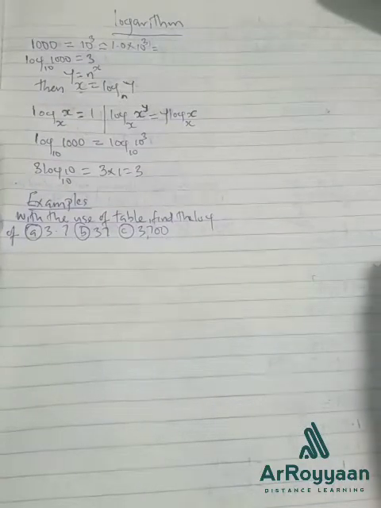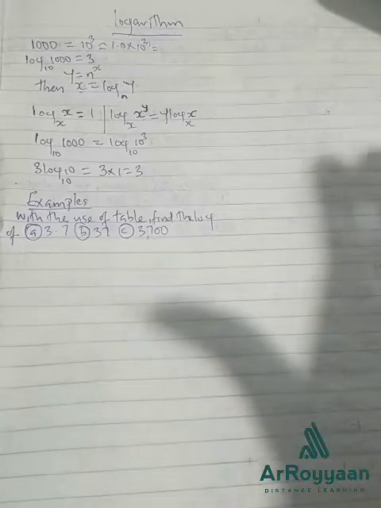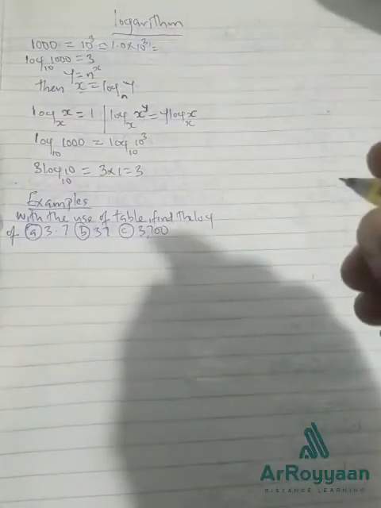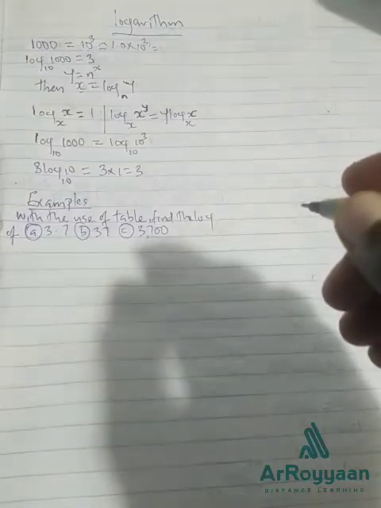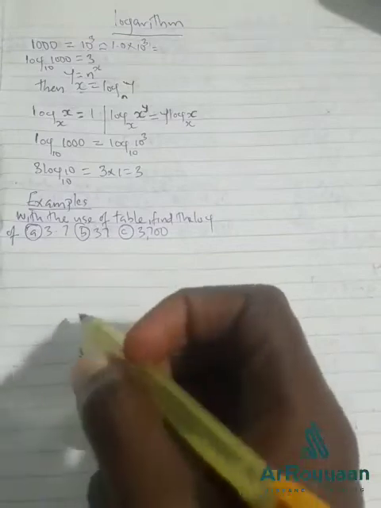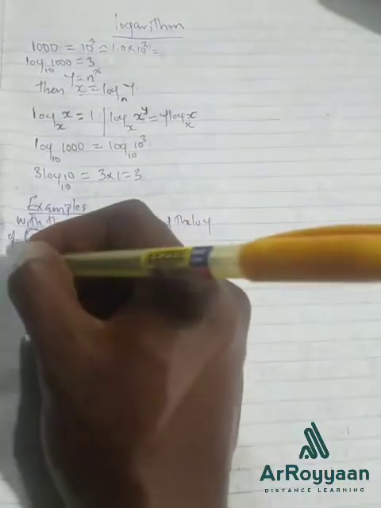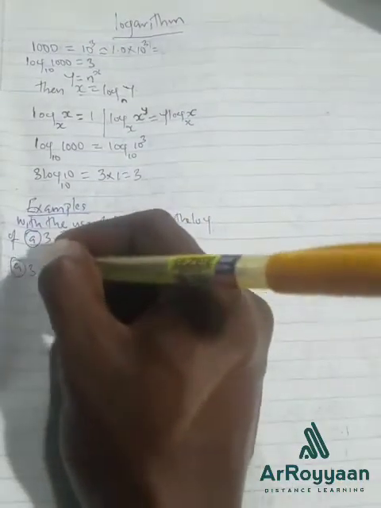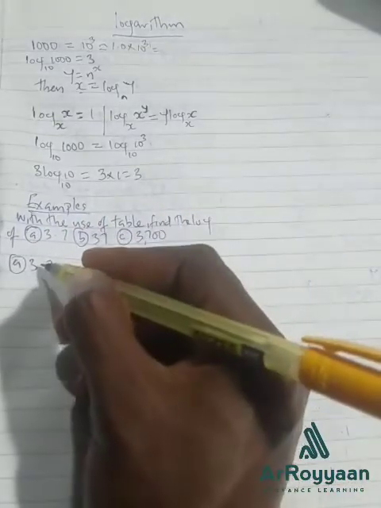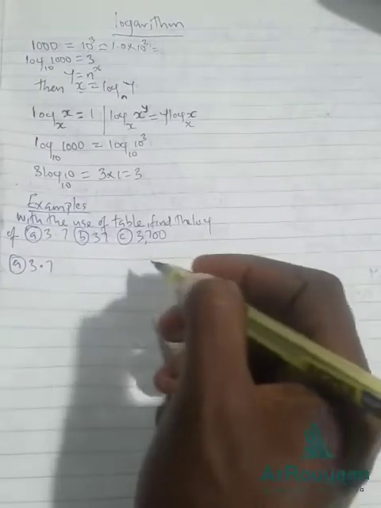To do so, we first need to know something here. The class of standard form will assist you greatly with this logarithm. Firstly, our first one is 3.7. We have to notice where our point is.